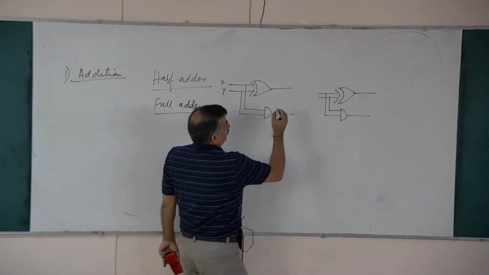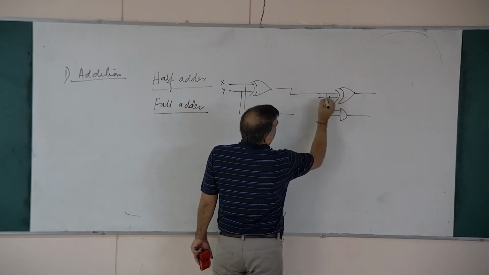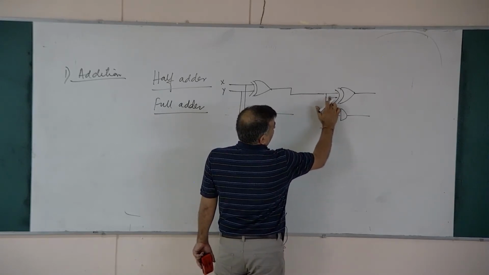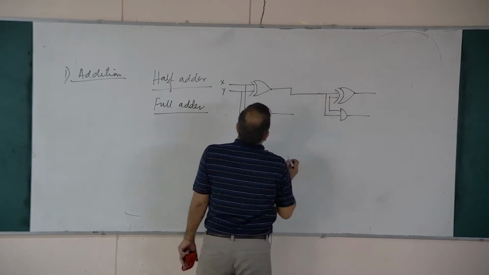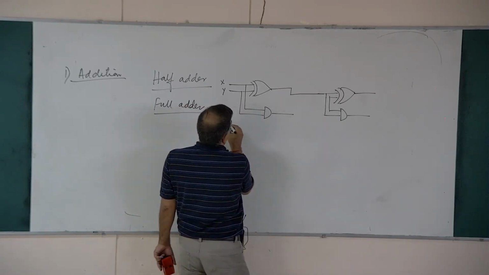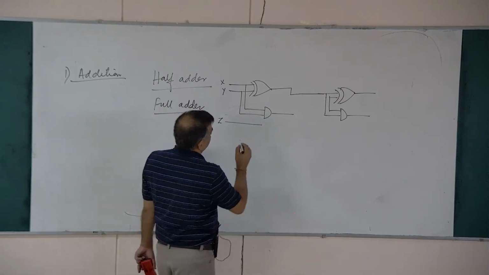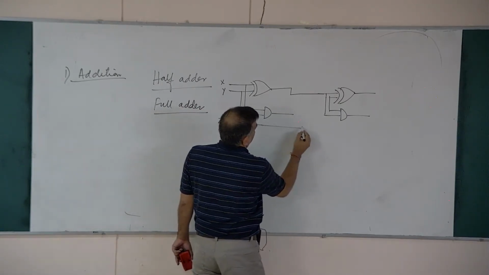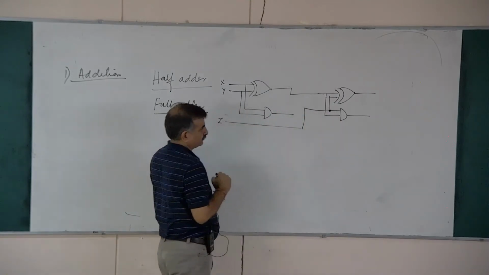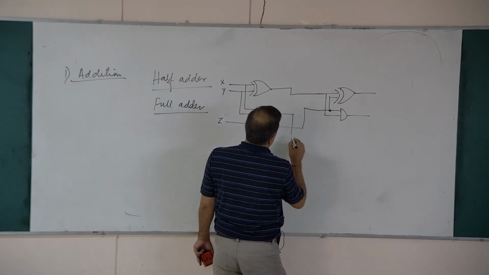Now, I connect this output leg to the input of this. If I connect the previous carry, one more input Z, to the input of this, I now have two outputs remaining.